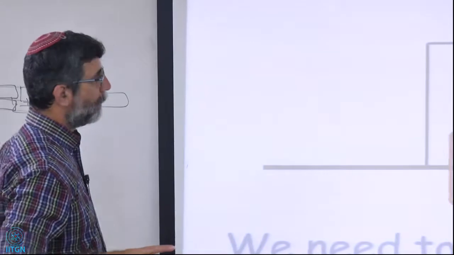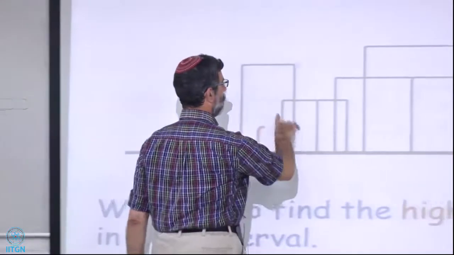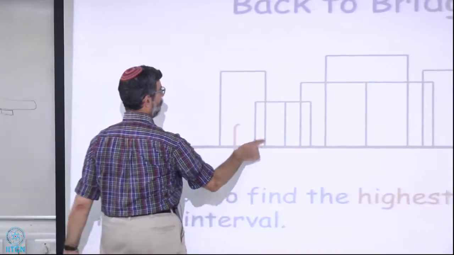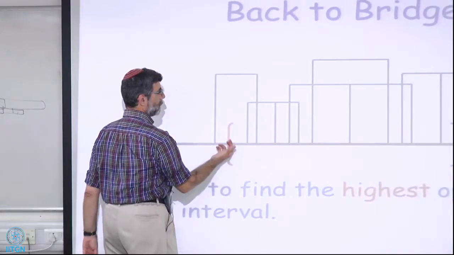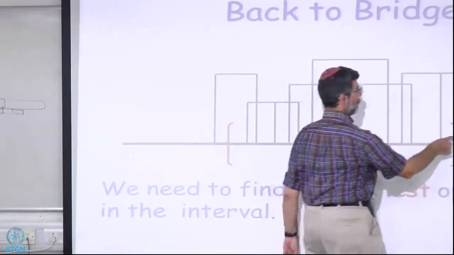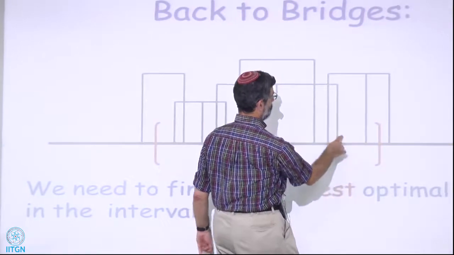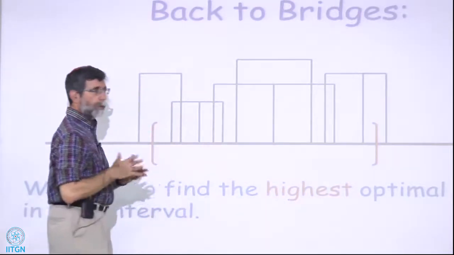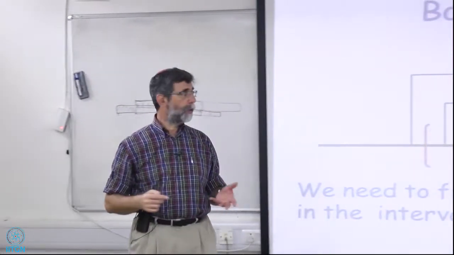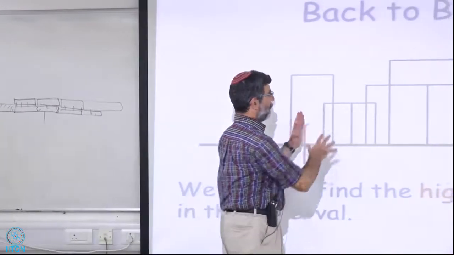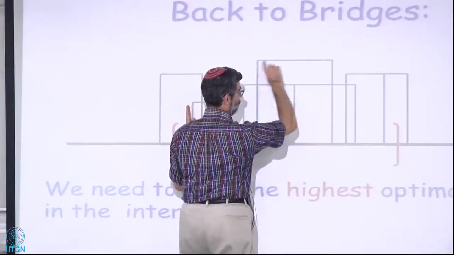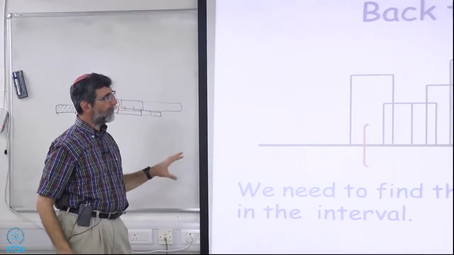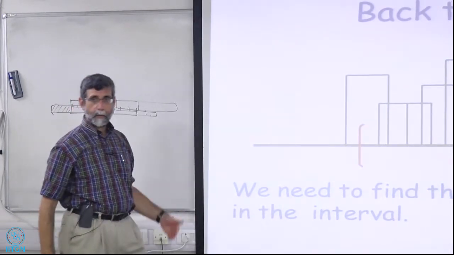So what we have here are optimal bridges that are like aqueducts, taller or shorter, except this one is not a good bridge for us because it's outside the range, and this one is not a good bridge for us because, again, one leg is in the range, one leg is outside the range. So of the optimal bridges within the range, the answer we would like is this one because that's the tallest one. So that's what we need. We want to find the highest optimal bridge in an interval.